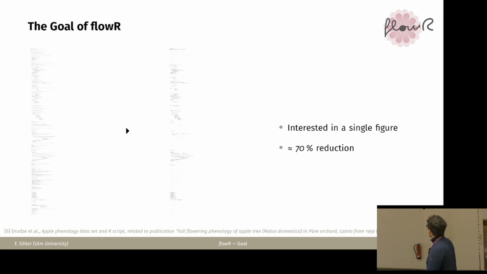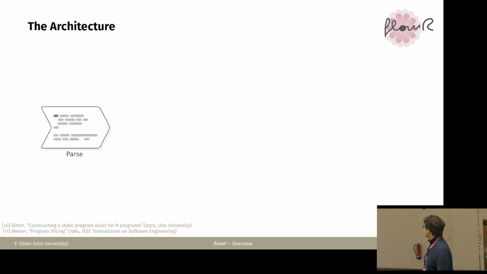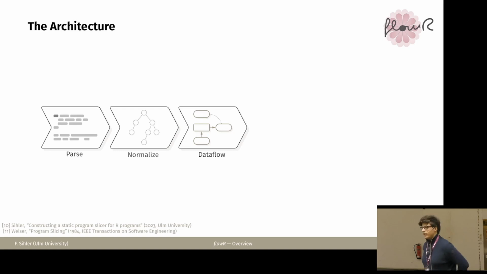And so now the next question is, how is flowR doing that? What we're essentially doing is a multi-stage pipeline where each step can theoretically be reused by other researchers for whatever they can use it for. So we start by parsing the R code. That's slightly compiler-like. So we get an AST, or a syntax tree, which we then normalize to generate the data flow.